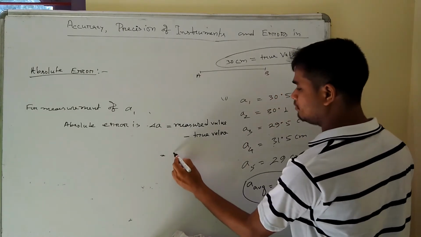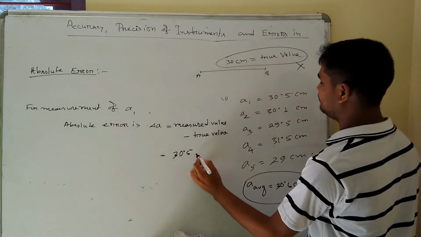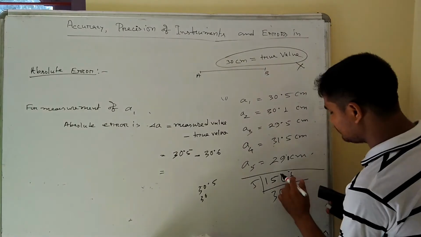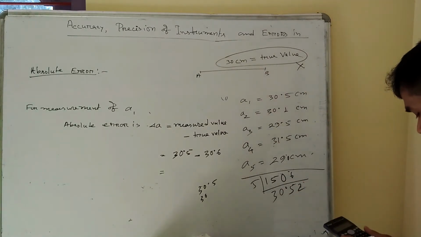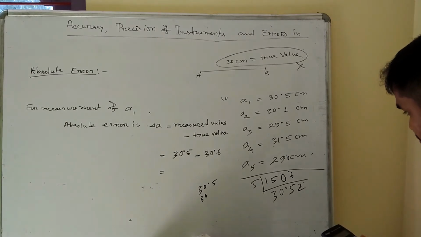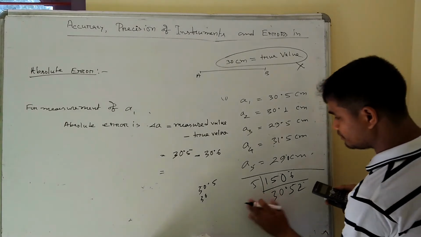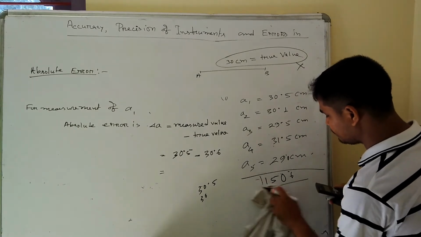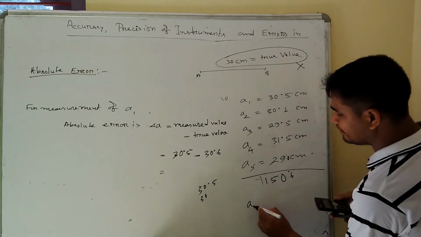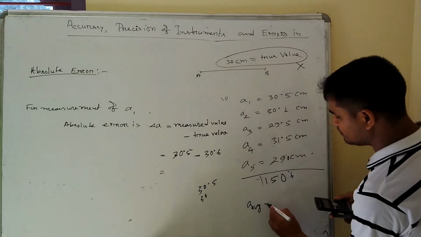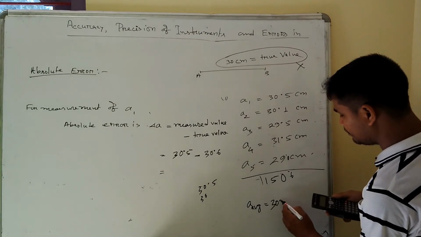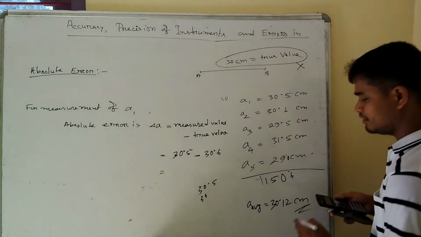What is the measured value? 30.5 minus 30.6. Please calculate it out.